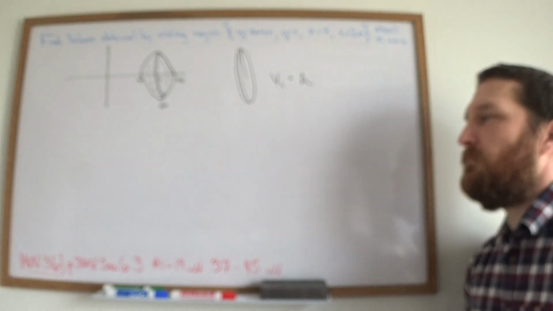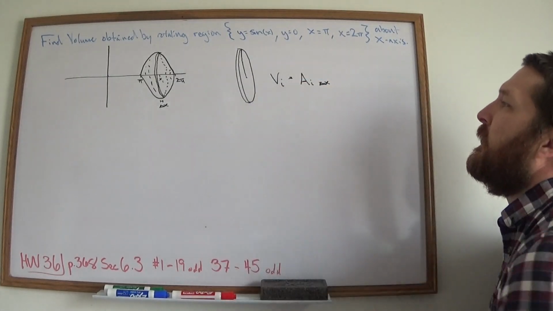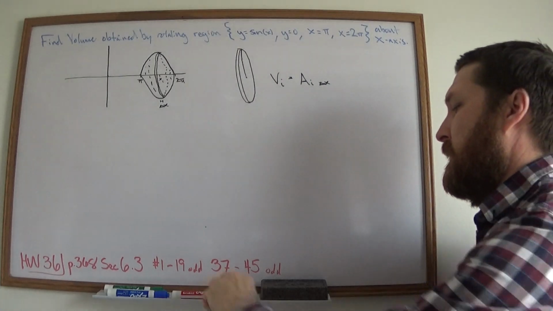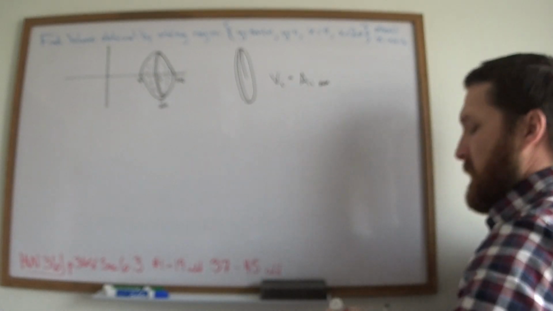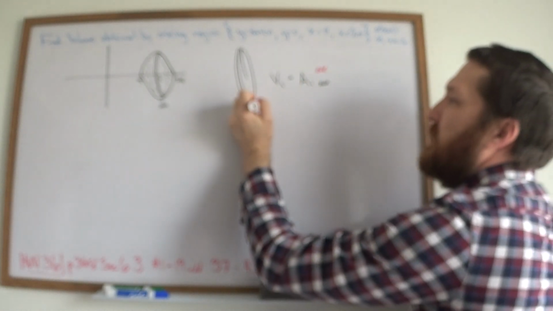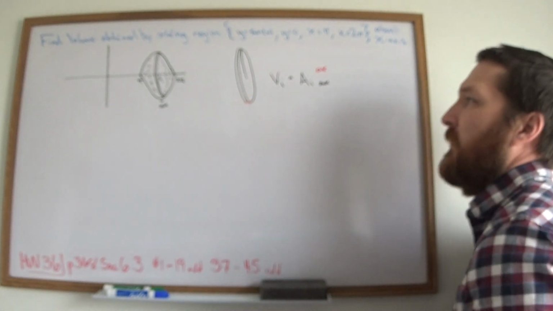So area times the length. Now that area is the area of this face right here, right? Our delta x is this length right there. It's the width of the disc.